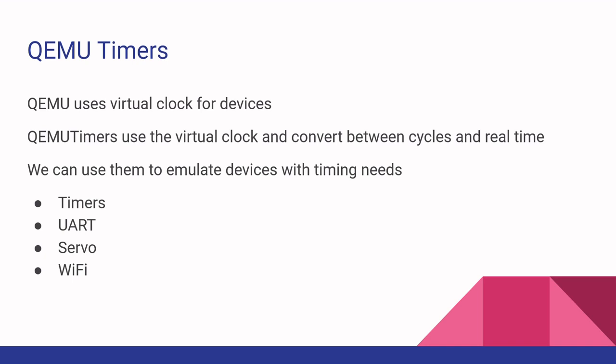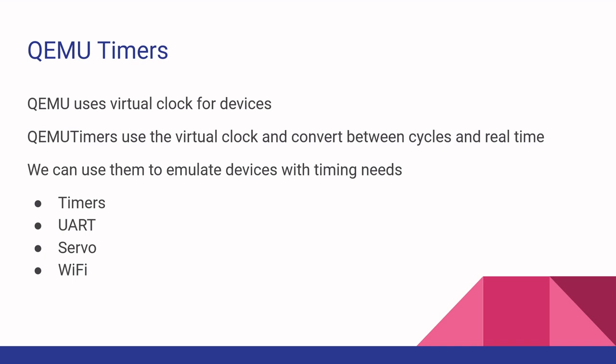Moving on, a quick aside, we need to talk about QEMU timers. In QEMU, there's a virtual clock that is used for all of the devices. QEMU timers use that virtual clock and can convert between the clock cycles and a real timestamp in nanoseconds.